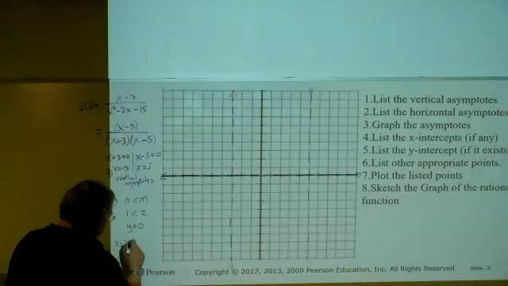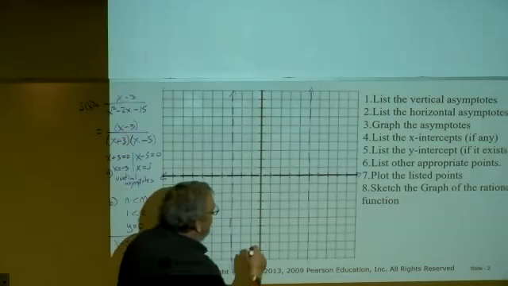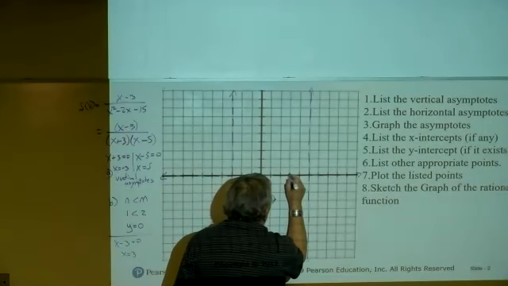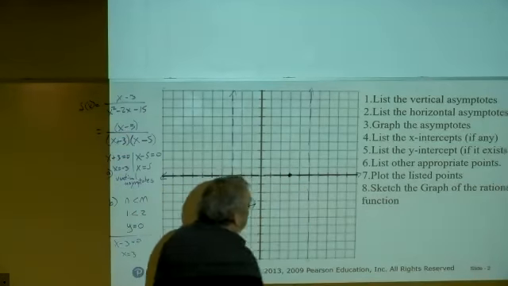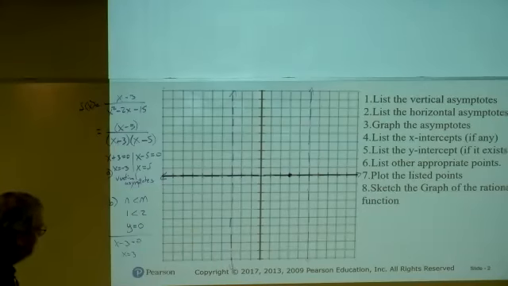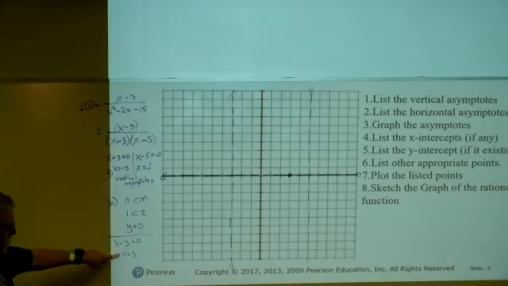So x minus 3 equals 0 means x equals 3. So when x is 3, it hits the x-axis.